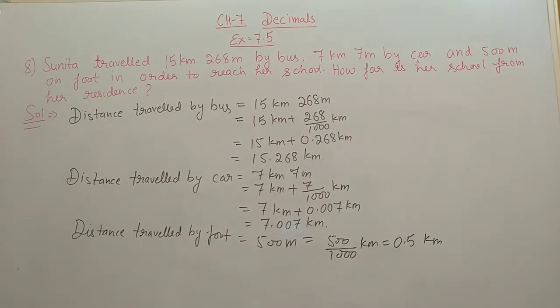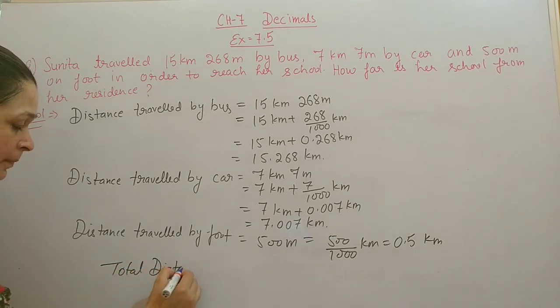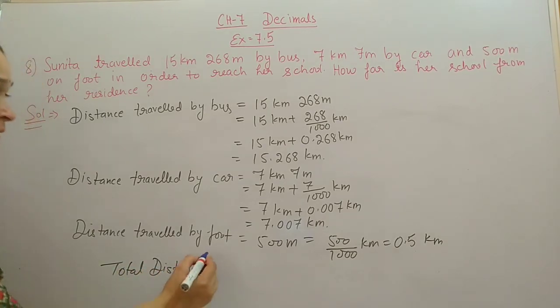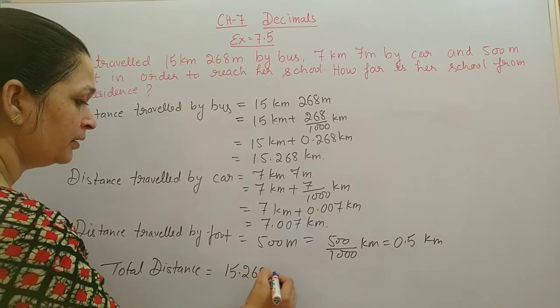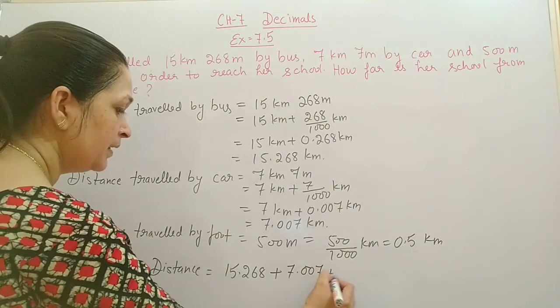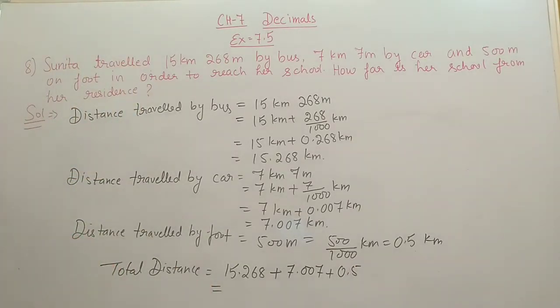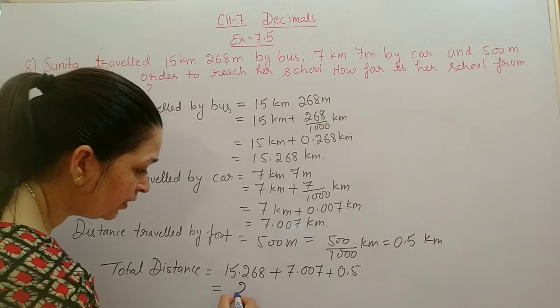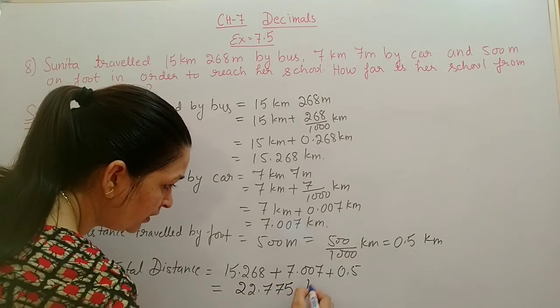So we have to find the total distance. Total distance is 15.268 plus 7.007 plus 0.5. Adding all three, it is equal to 22.775 kilometer.